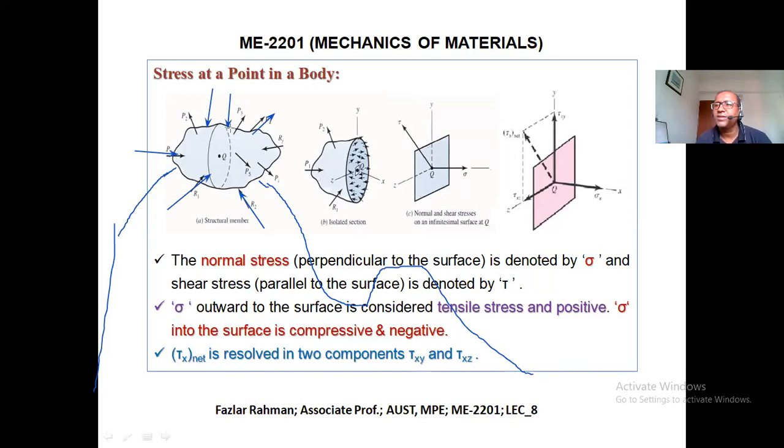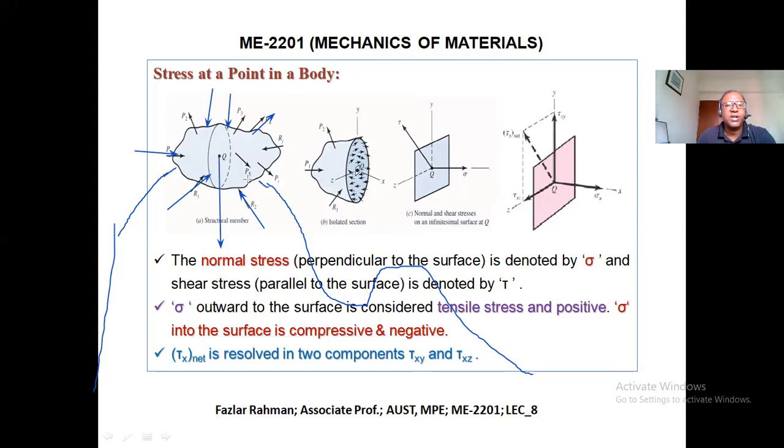It is not moving. That means the applied external force and the reaction force balance to zero. That means sum of Fx, sum of Fy, sum of Fz will be zero. All those blue lines I drew are external forces, and it also has a weight. Then it has a reaction.